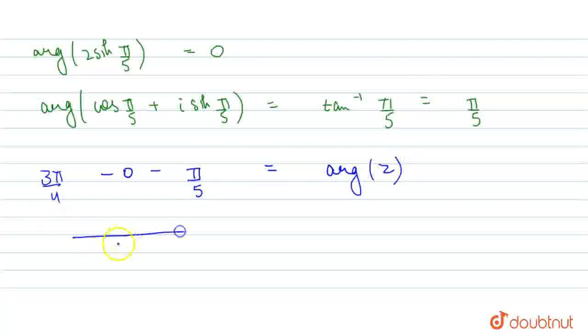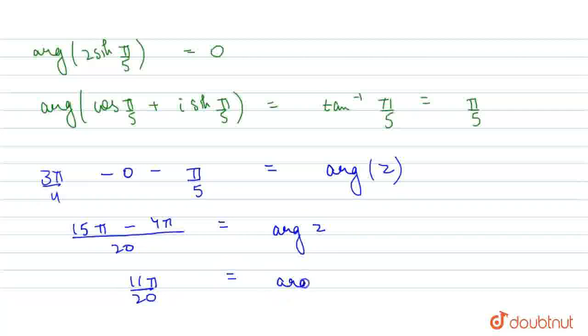We take the LCM of 4 and 5, which is 20. So 3 into 5 is 15 pi minus 4 pi, which is 11 pi by 20.